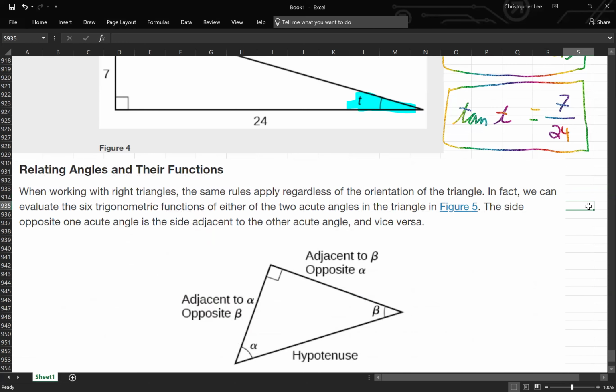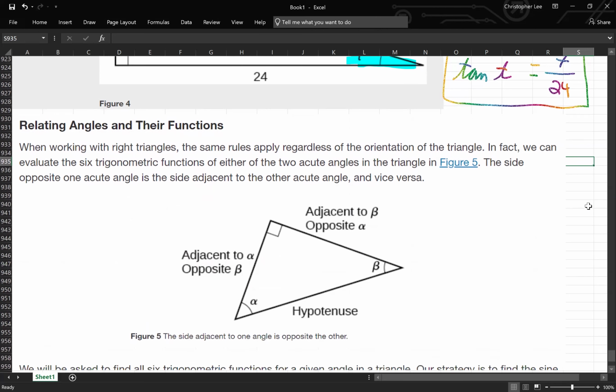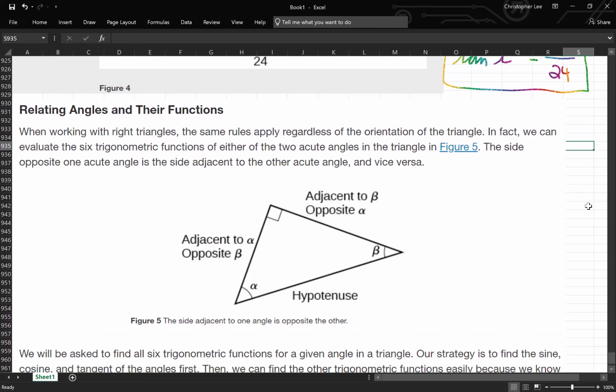When working with right triangles, the same rules apply regardless of the orientation, the way that the triangle looks. In fact, we can evaluate the 6. We only spoke about 3, but there are 6 trigonometric functions of either of the two acute angles in the figure. The side opposite one acute angle is the side adjacent to the other acute angle, and vice versa.